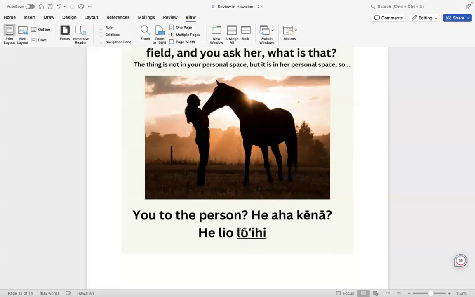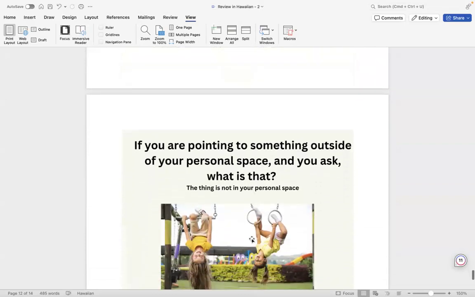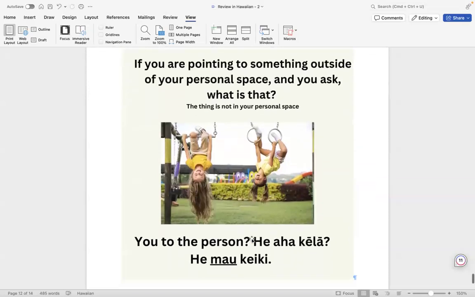We're reviewing. Do you remember what this is called? Very good. It's kāhulu memeʻa. Lo'ihi means tall, and it's describing the horse. He lio lo'ihi. If you're pointing to something outside of your personal space and you ask, what is that? The thing is not in your personal space.